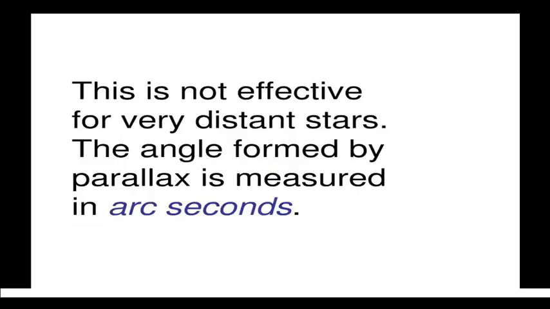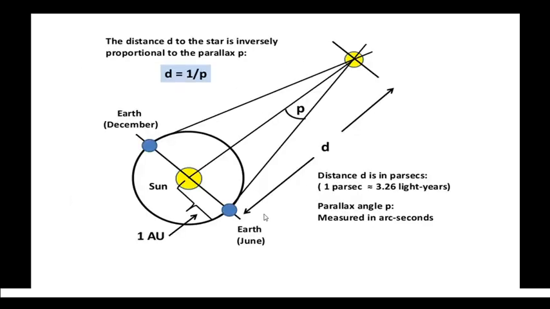See the figure. When the distance will be 1 parsec, if this is 1 and this is 1 second, we can say D is equal to 1 by 1, that is 1 parsec. So we can define 1 parsec as the distance at which an arc of length 1 astronomical unit subtends an angle of 1 arc second. So that is 1 parsec.